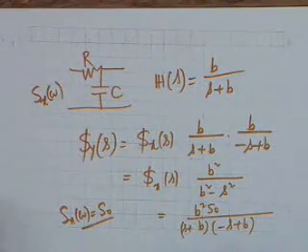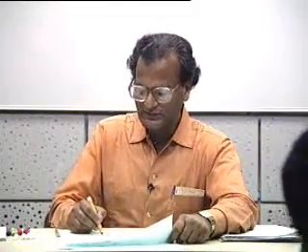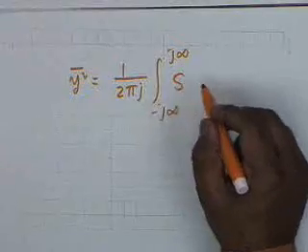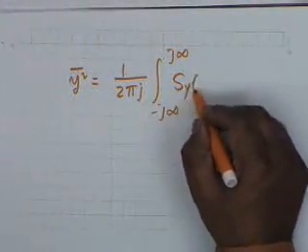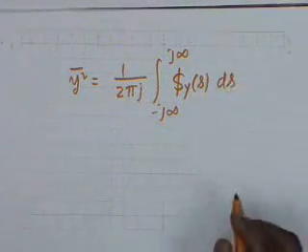Now, if I want to find out the mean squared value, what do I do? Y squared bar, I write this as 1 over 2 pi j, if you recall this integration, from minus j infinity to plus j infinity, Sy of s, then ds.